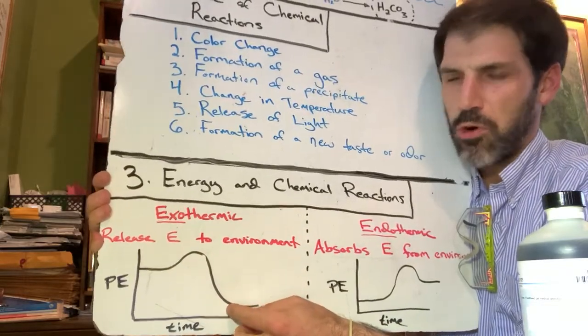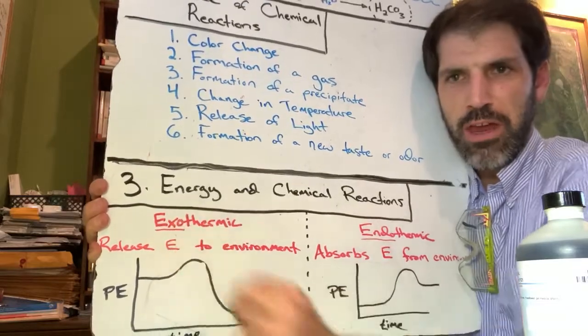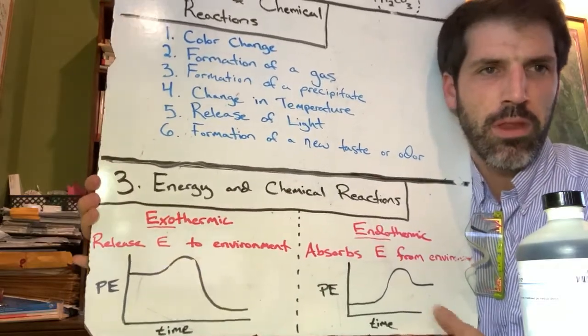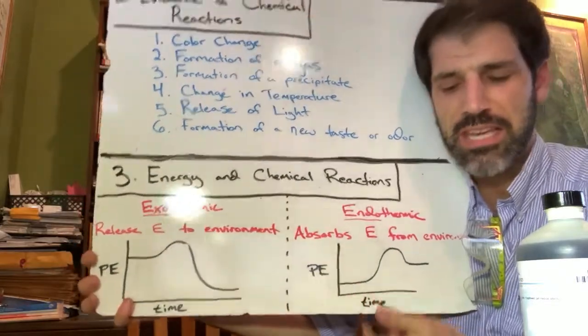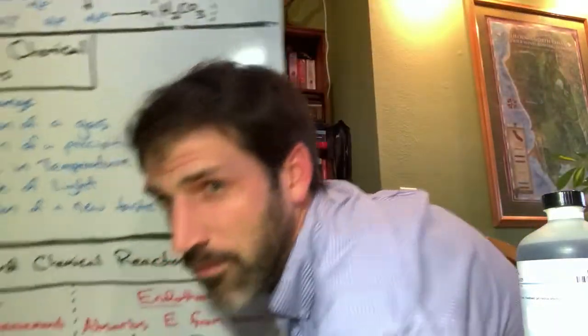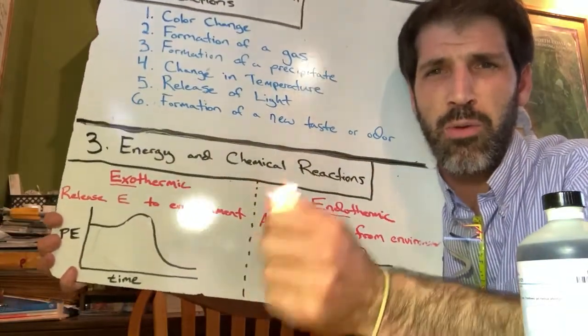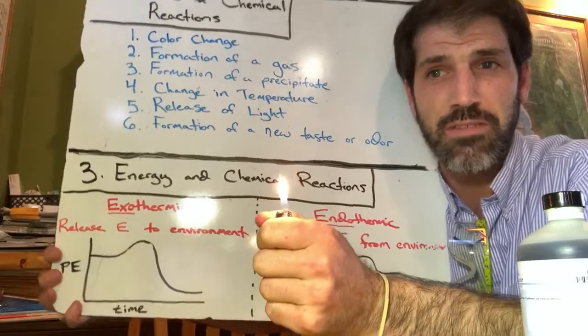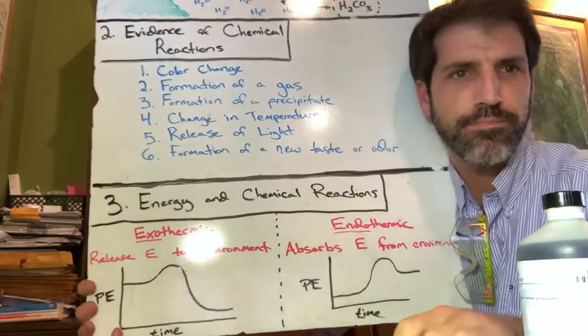So the total amount of energy that we get out of here is greater than the total amount of energy that we had to put in. These types of reactions typically release heat. So that example of burning fossil fuels, burning gas, burning oil, we get some heat out of here. That's a good piece of evidence that our chemical reaction is exothermic.